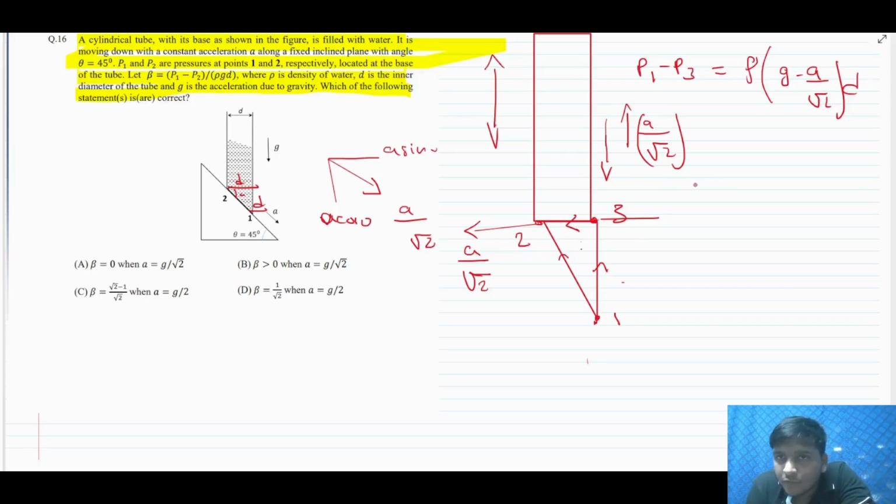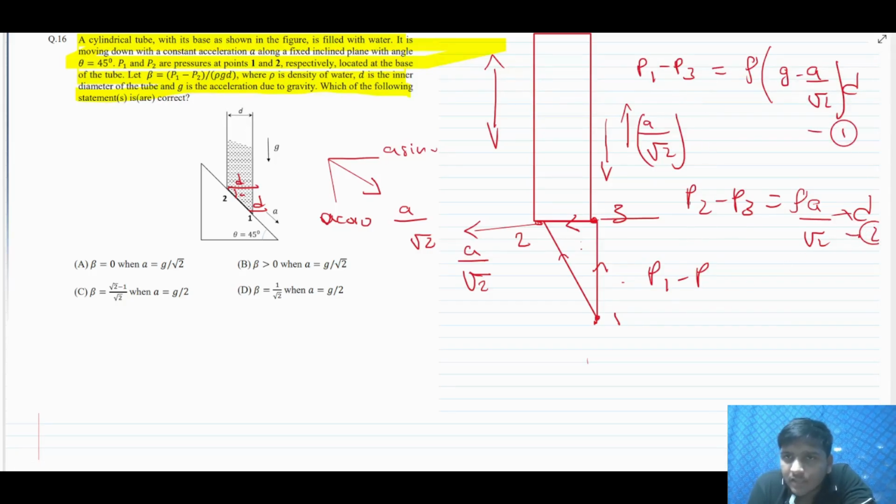So what will be p2 minus p3 here? p2 minus p3 is rho times a by root 2 times d. Now if we get p1 minus p2 by subtracting these equations 1 and 2, p1 minus p2 will be rho times d times g minus 2a by root 2.